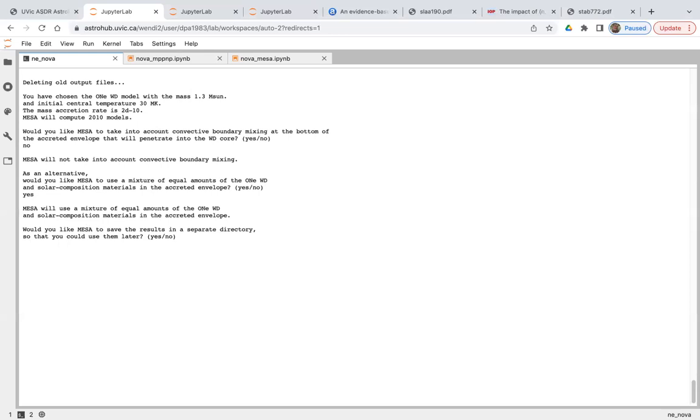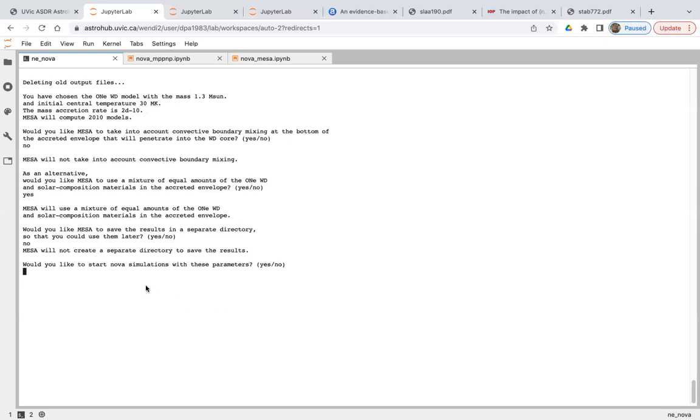I will show you these results, because otherwise they will be erased, and we will have to wait for quite a long time until these calculations end. This MESA nova evolution calculation takes about a few hours, maybe 2-3 hours. So therefore, we are not going to wait this long. I'm saying no, please don't save them in a separate directory. I already have saved them before.